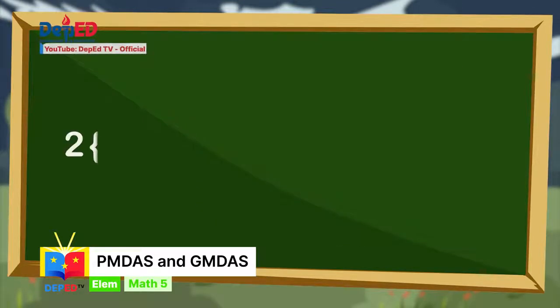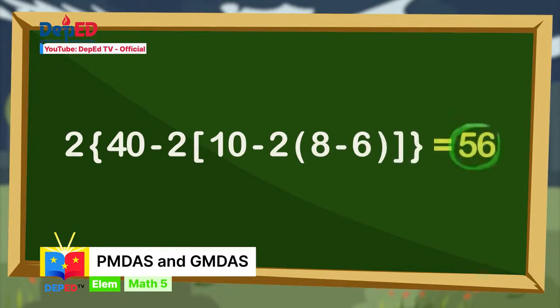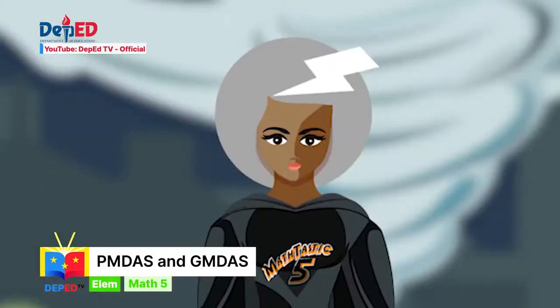Therefore, 2{40 - 2[10 - 2(8 - 6)]} is equal to 56. Did you get all the right answers? That's great! Congratulations, Math Heroes!